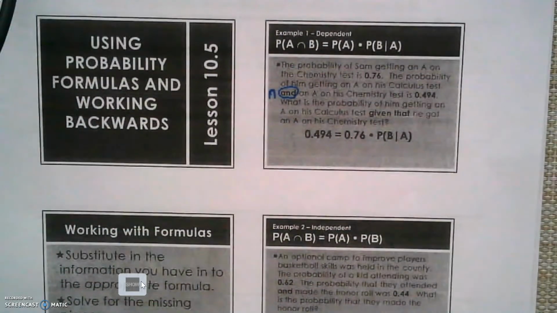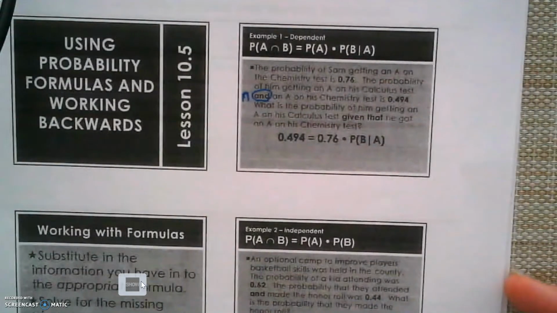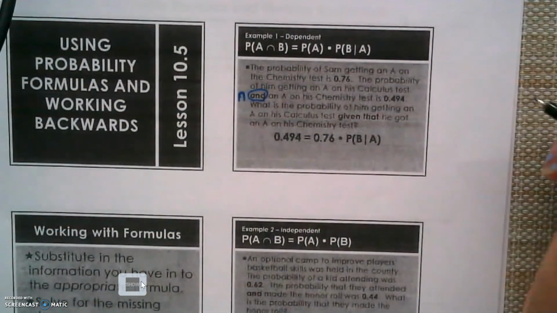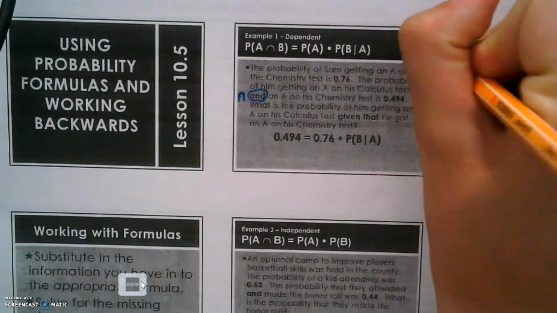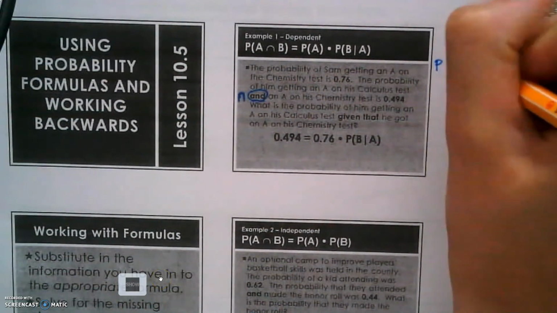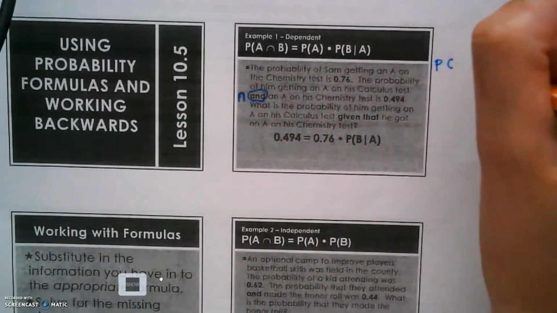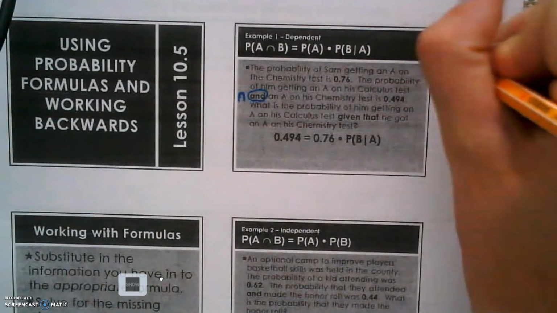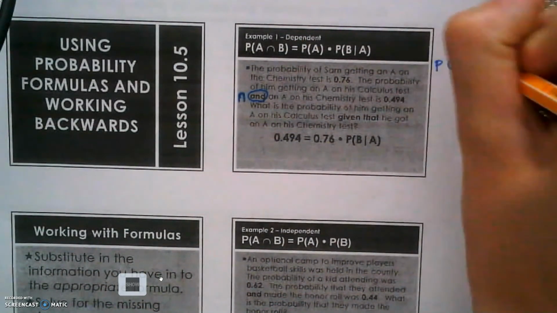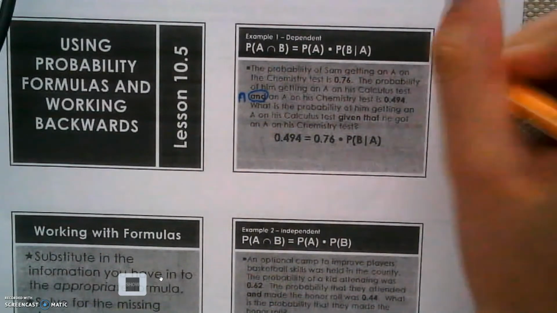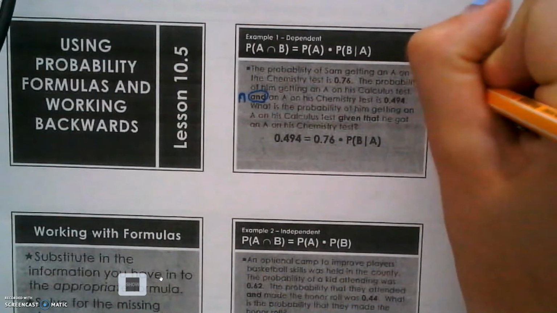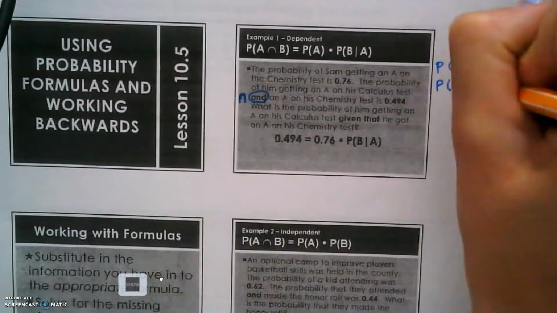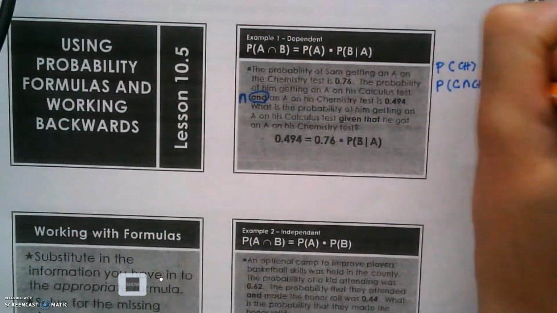To help me identify the formula, because I feel like that's going to be the hardest part for us, write out what you have. They gave us the probability of chemistry, I'm going to use CH, is equal to 0.76. And then the probability of calculus and chemistry is 0.494.